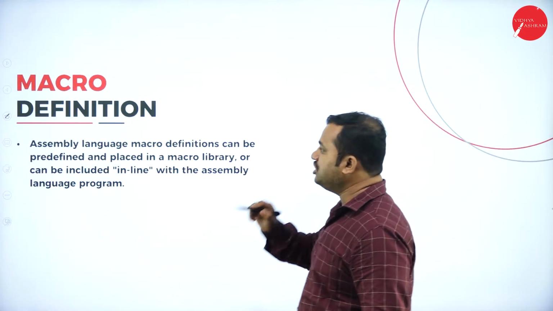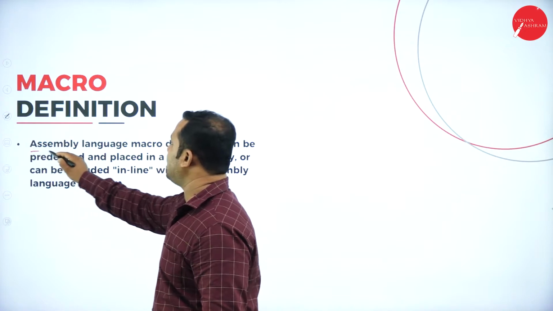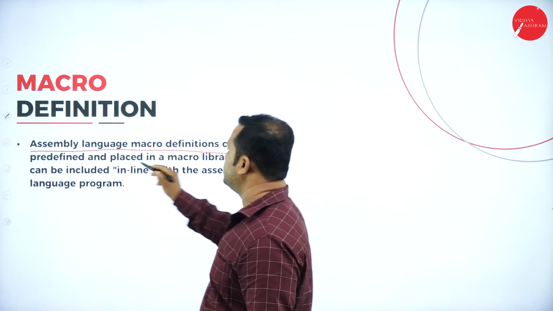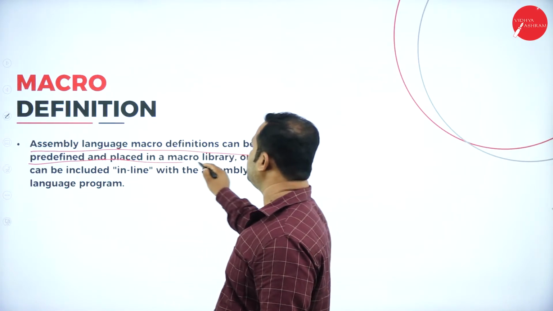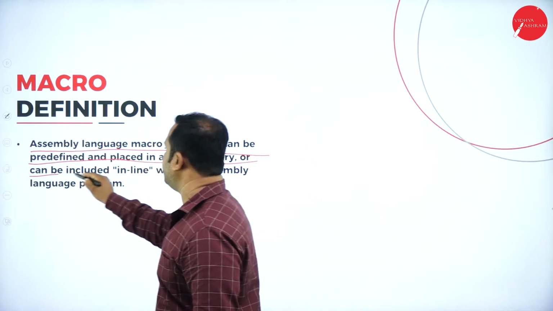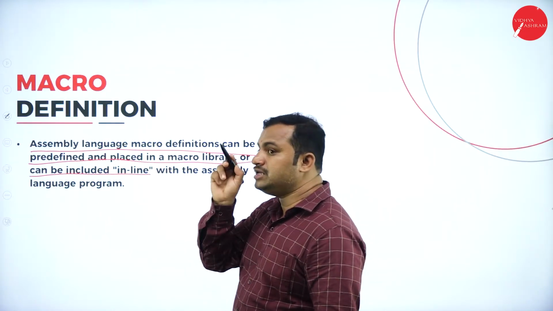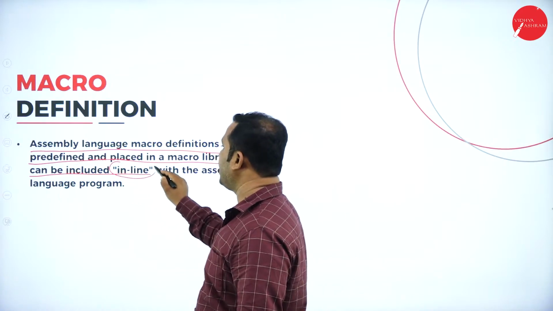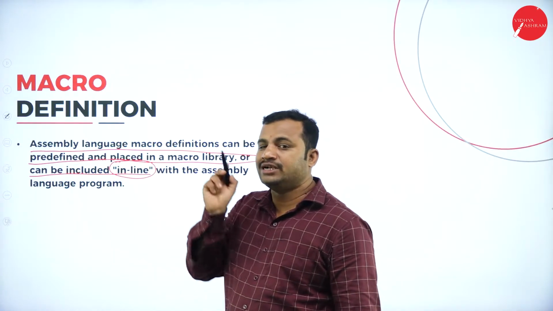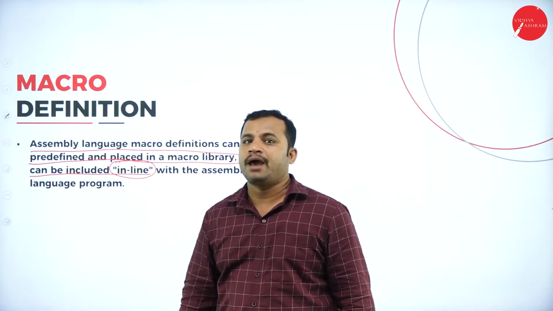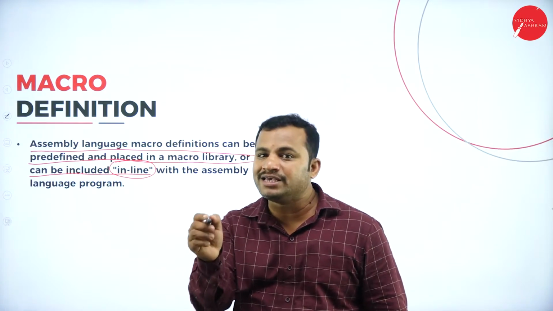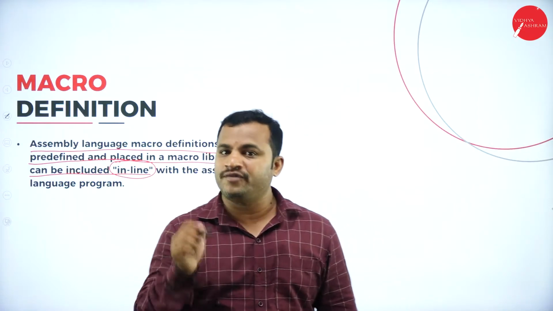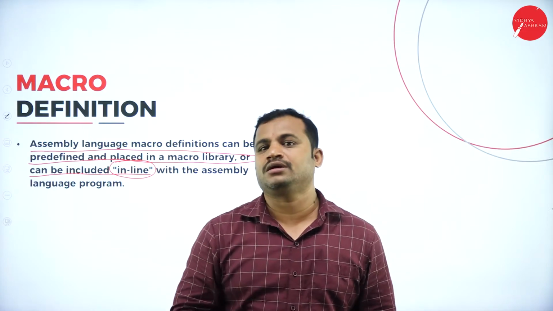Then the definition states that assembly language macro definitions can be predefined and placed in a macro library and can be included inline. Please note that it is inline. The word inline states that the entire body of a macro definition is placed in place of the call.